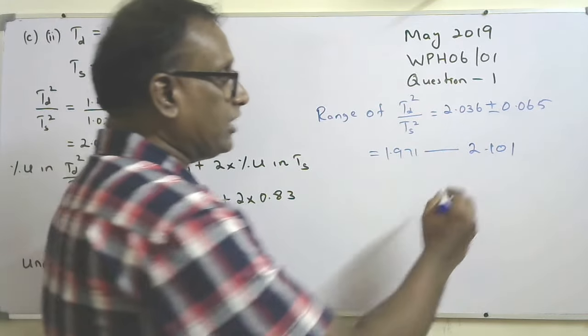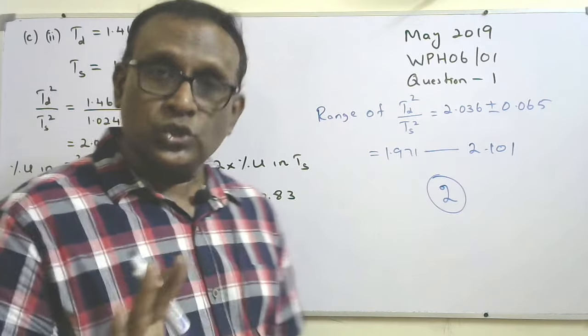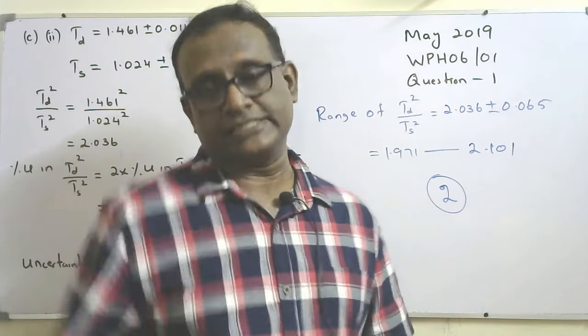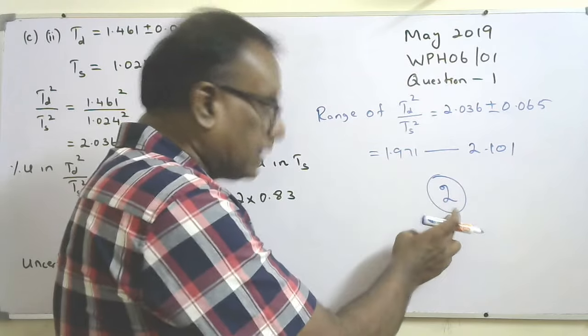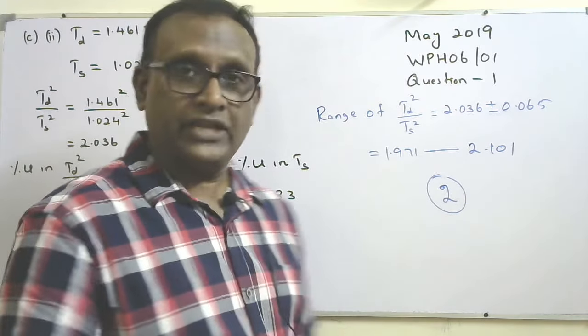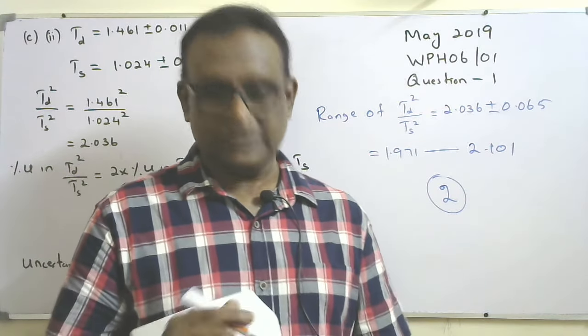But the theoretical value, which is 2, is falling within this range. So my experimental result is supporting the prediction because the theoretical value 2 is falling within the range of my experimental value. Therefore, it is supporting the prediction.